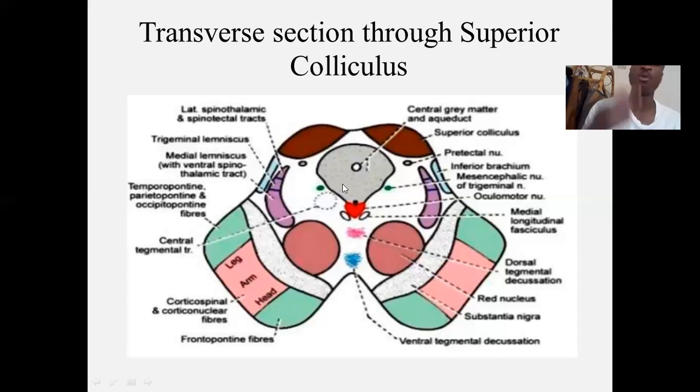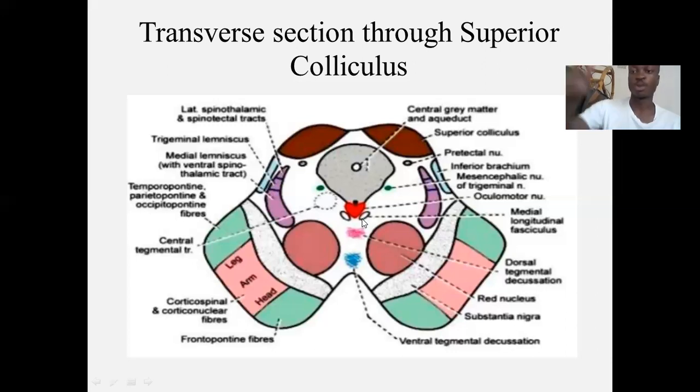Because remember, we said the lumen of the mesencephalon was going to form the cerebral aqueduct, right? Then at this level, you can also see the main nucleus of the oculomotor. Because remember, I said the oculomotor nerve was going to exit on the lateral aspect of the interpeduncular fossa, and it was going to course between the terminal branches of your basilar artery, that is the superior cerebellar artery as well as the posterior cerebral artery.